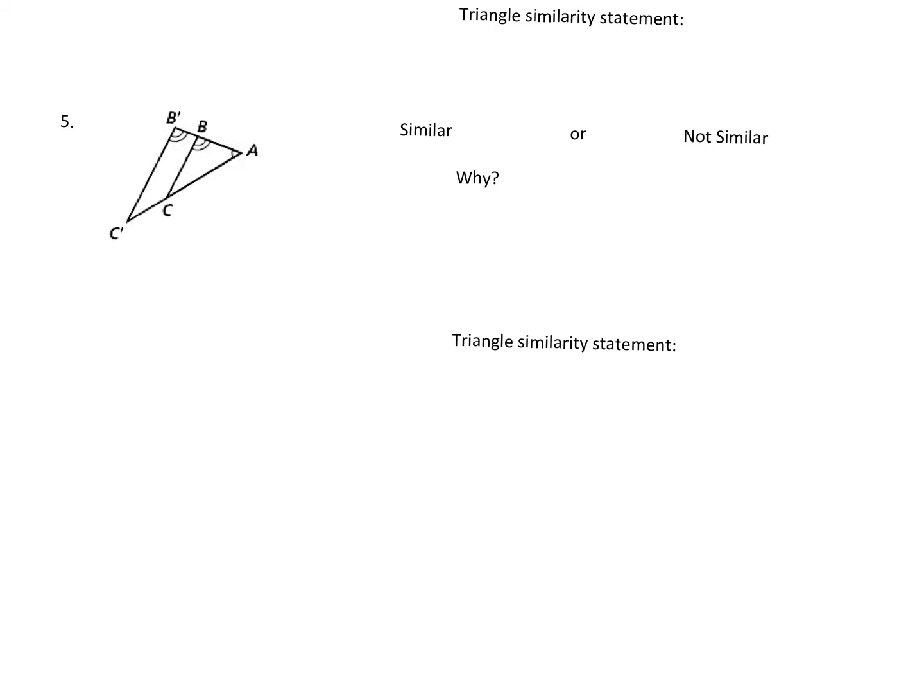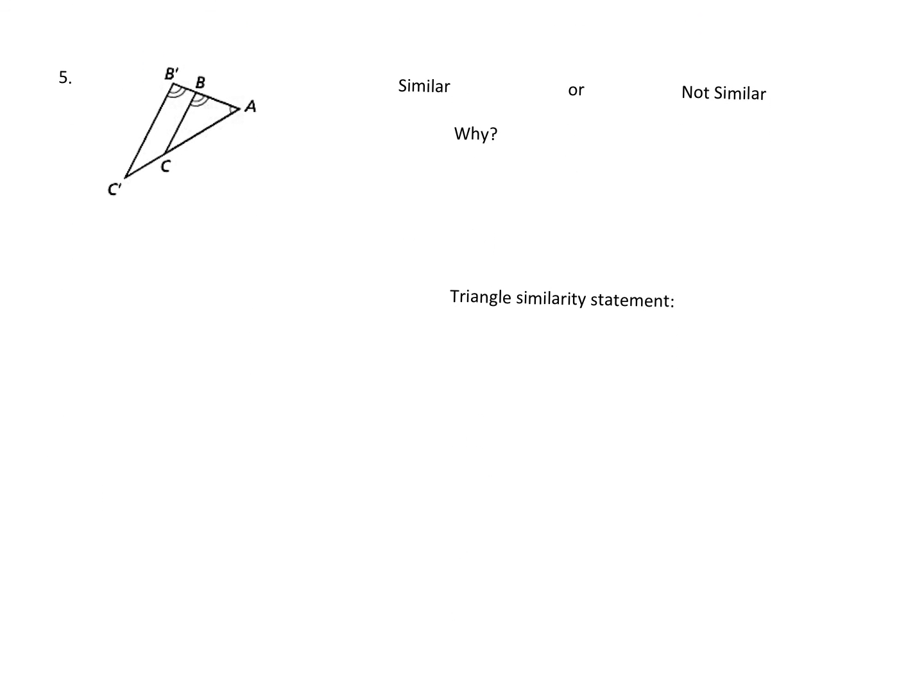Okay. Number 5, I got this angle is congruent to this, and they both share angle A. So that's 2 angles. So I can say this is similar. And my reason is angle B prime is congruent to angle B. And angle A is also congruent to angle A. So those 2 triangles, the small one and the big one, are similar.